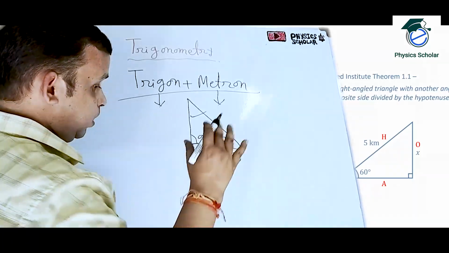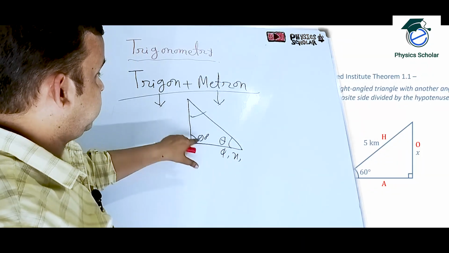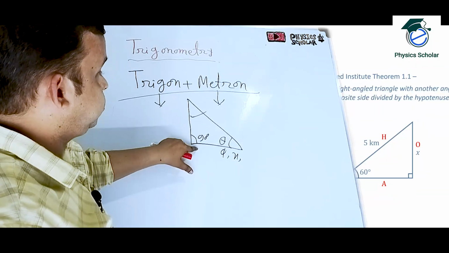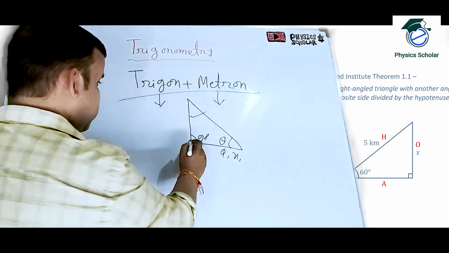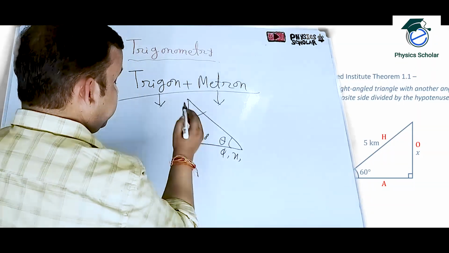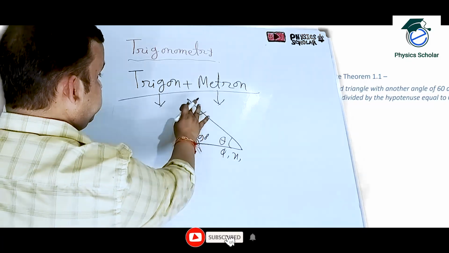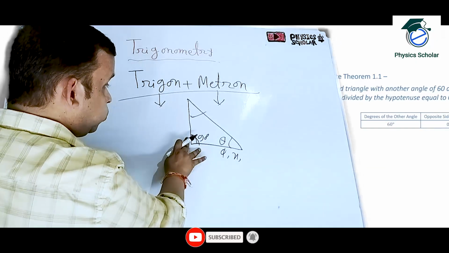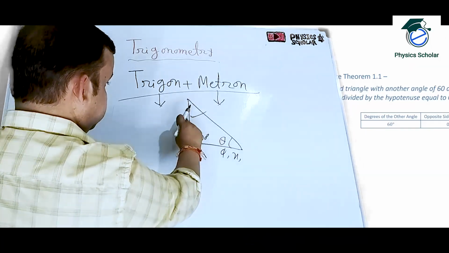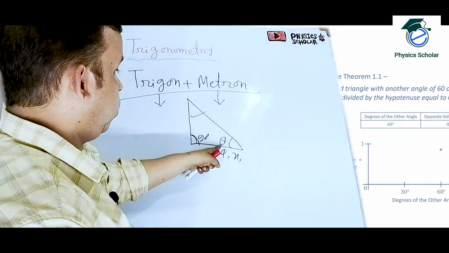Trigonometry has some functions, which are nothing but the ratios of the lengths of the sides of a right angle triangle. Right angle triangle means one angle is 90 degrees. It is the relation between the ratio of any 2 sides, the hypotenuse, perpendicular and base, with any other angle of that triangle.